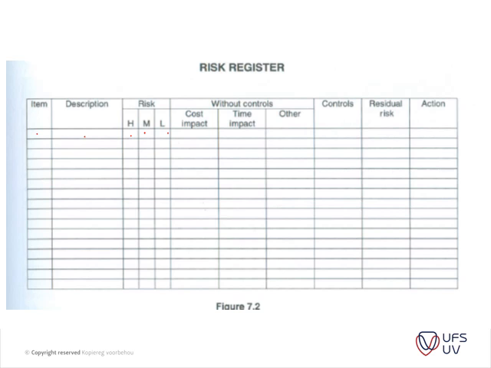What's the cost impact, time impact, or other impact that it may have? How will you mitigate it? And then if there's residual risk, you've got an action to actually address that risk. So it's very plain, simple. The biggest issue usually is to actually just sit down and identify all your risks, because as you will see later on, if you don't identify risk, you cannot do anything about the risk.